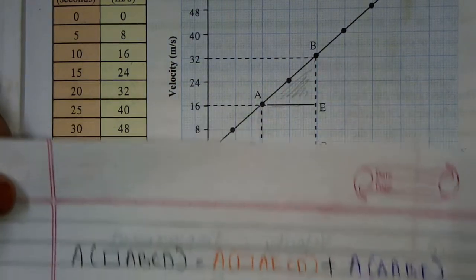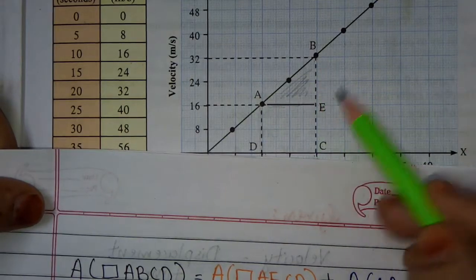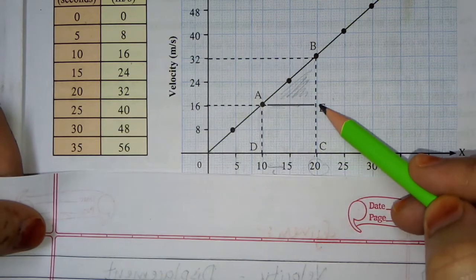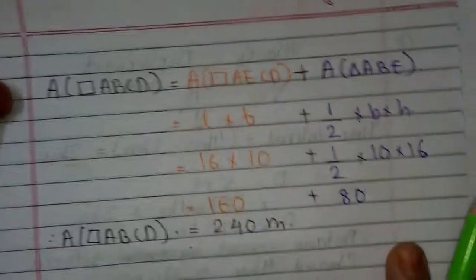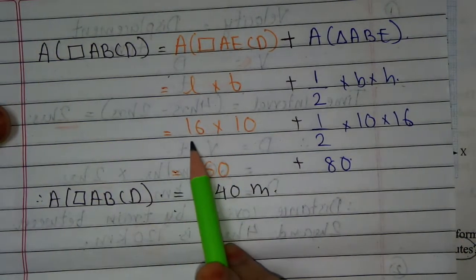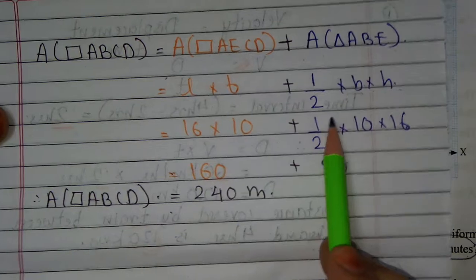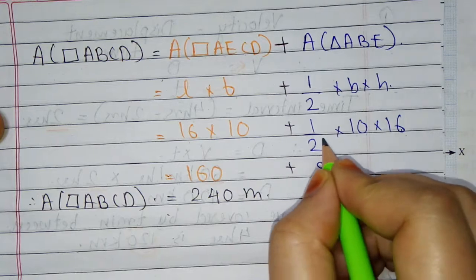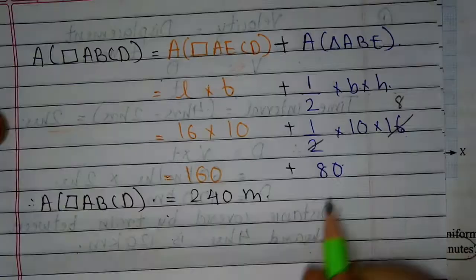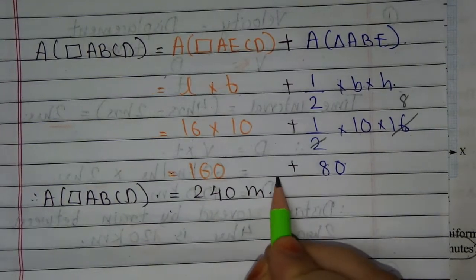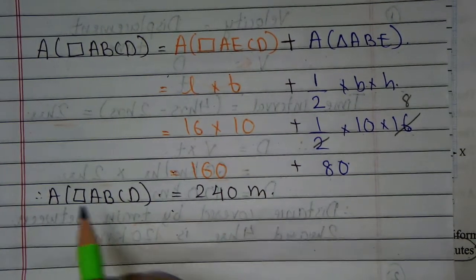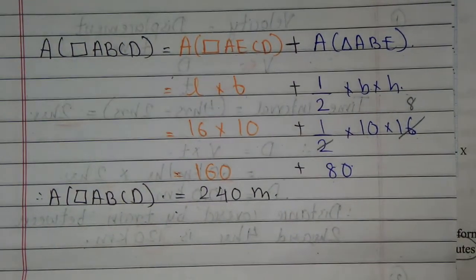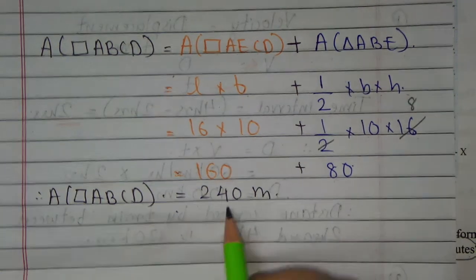For the triangle, its base will be 10 and its height will be 16. So 16 multiplied by 10 will be 160, plus half of base into height, that means 10 multiplied by 16 halved, which is 80. If we add this, we get the answer. Therefore, the area of quadrangle ABCD will be equal to 240 meter. So the distance covered by the car will be equal to 240 meters.